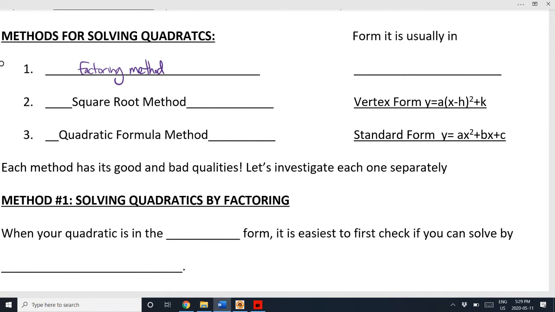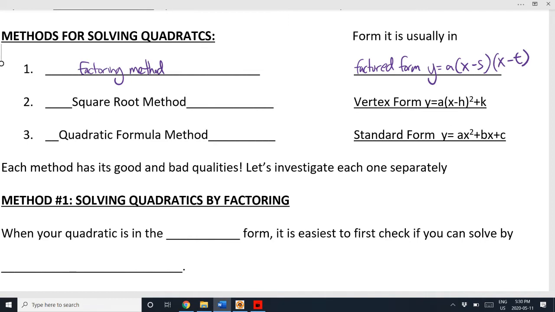When using the factoring method, our equation is usually in factored form. As you recall, the factored form of a quadratic looks like this: y is equal to a bracket x minus s bracket x minus t. We will then look at the square root method, which is usually in vertex form.